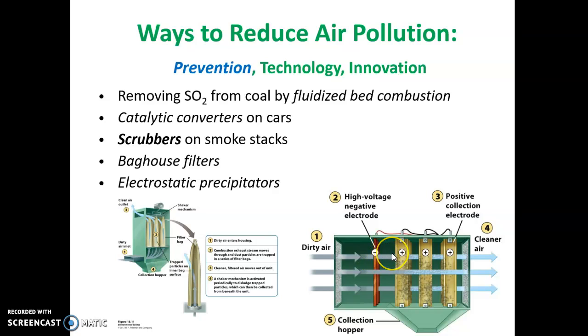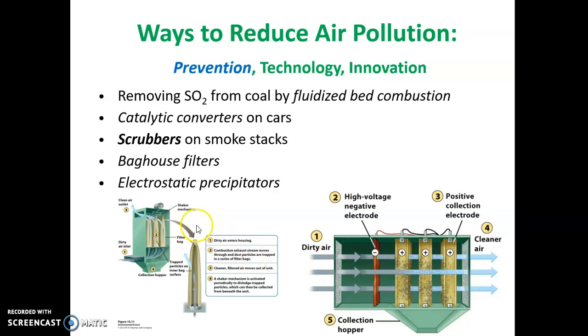As they continue on, they pass through collection electrodes, which are positively charged. So the air pollutant particles that are now negatively charged are attracted to the positive charged electrodes. You can see denser amounts here, one more pass through to get more, a last pass through gets the rest, and then the cleaner air can exit.